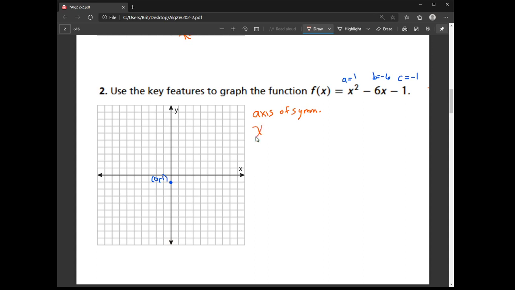Okay, so that's at x equals -b over 2a. So x equals -6 over 2 times 1. -6 is a +6, and 2 times 1 is 2, leaving me with the axis of symmetry at x equals 3. So I can draw my vertical line right here, somewhat straight, at x equals 3.